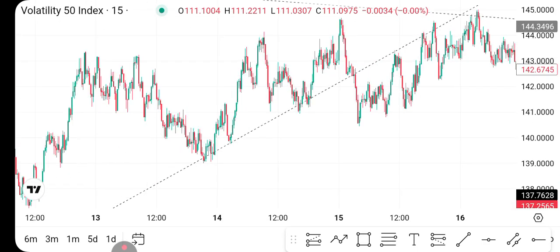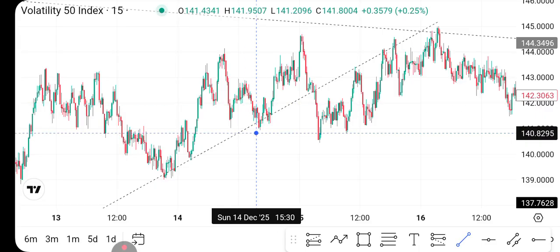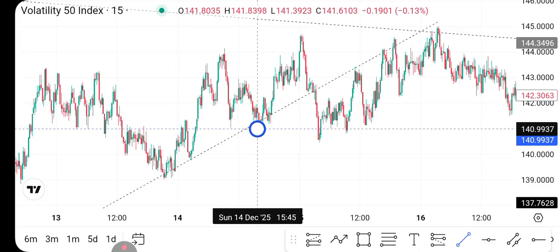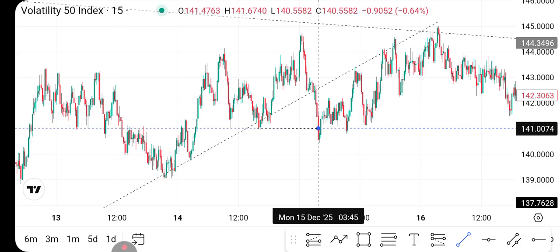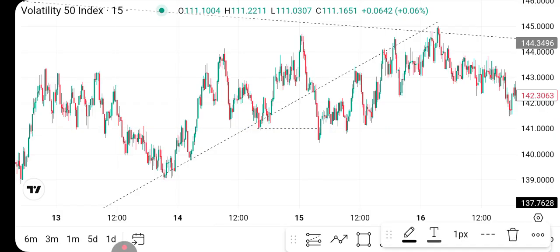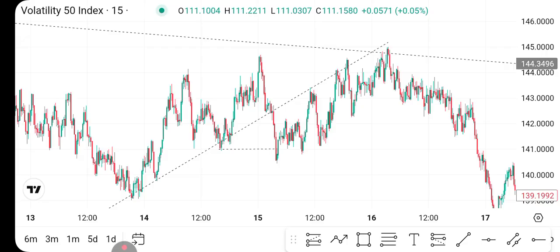Trend line breakouts. As soon as market broke out from here, causing a break of structure here, we're sure that market was about to move. But still, we need a double confirmation.